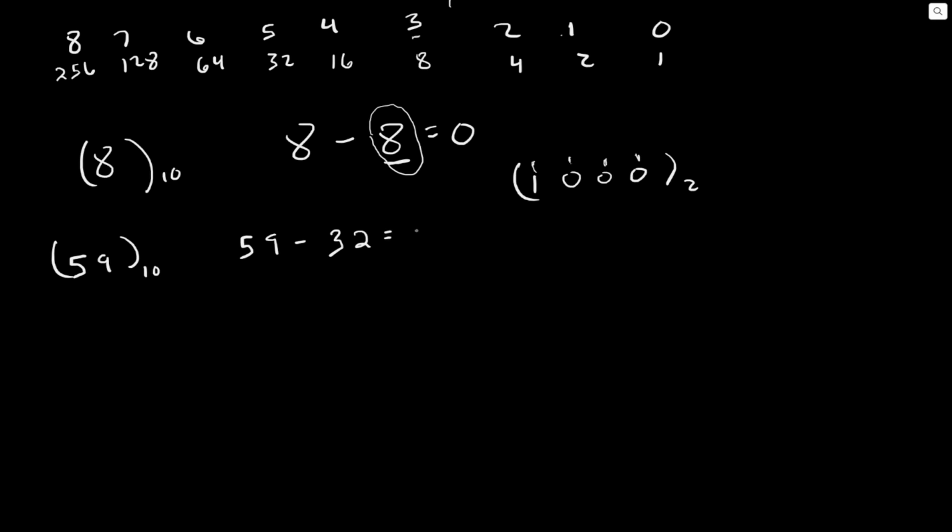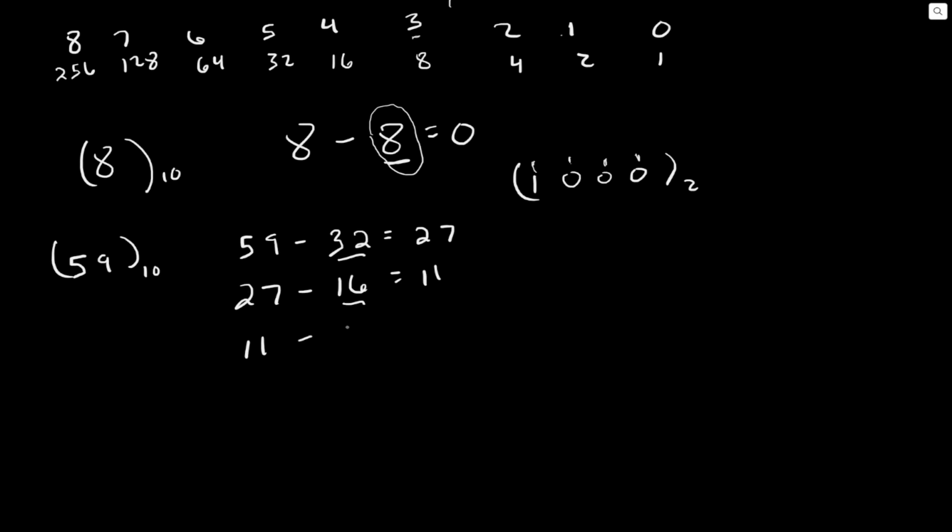That equals 27. You've got to remember our 32. Now we bring 27 over here, minus 16 equals 11. 16 is going to be important. Bring our 11 over here.